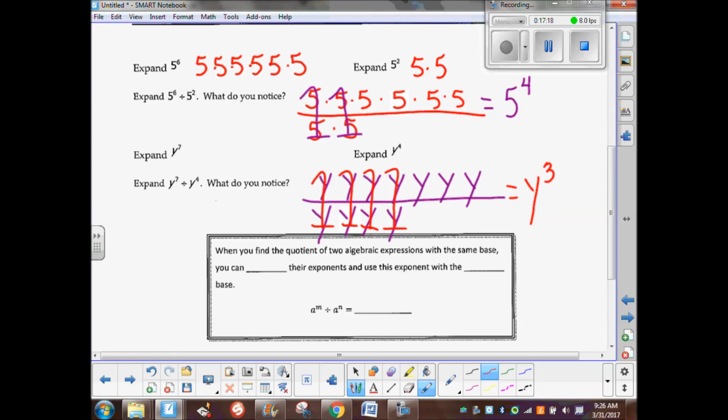Okay, so what do we notice? When we divide, we are subtracting exponents.